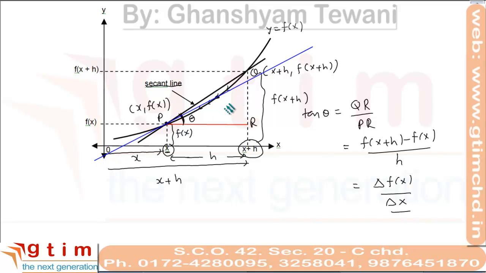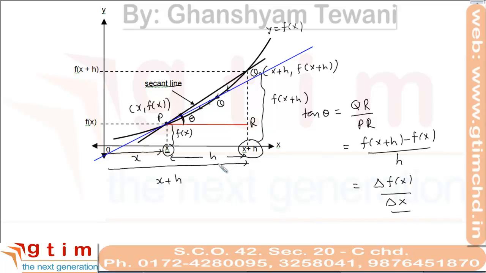then we can see that this angle theta is changing, and also the length of this chord PQ is decreasing. Also we can see that the value of this h is becoming smaller.